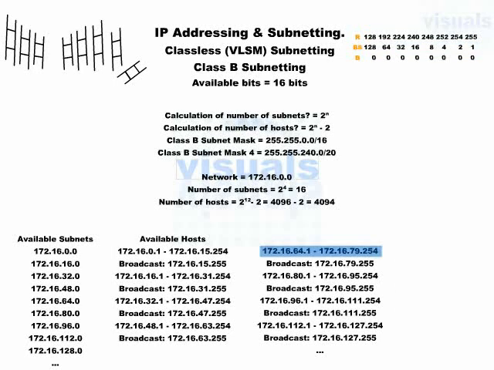So with the difference of 16 we are getting 16 subnetworks: 172.16.0.0, 16.0, 32, 48, 64, 80, 96, 112, 128 and so on.